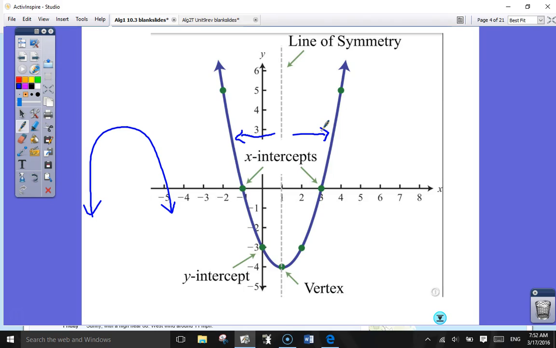That line, which goes right through the middle, is called a line of symmetry. Most of the books call it the axis of symmetry, but it's a line of symmetry. Next year in geometry, you learn about lines of symmetry. We're only doing this to understand what shape it is.